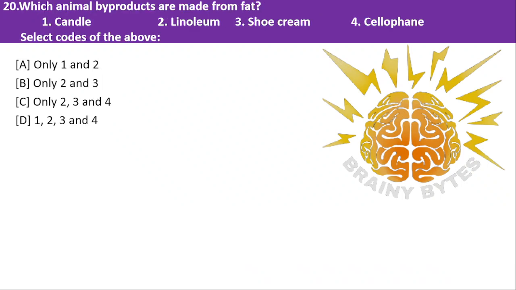Question number 20. Which animal byproducts are made from fat? 1. Candle, 2. Linoleum, 3. Shoe cream, 4. Cellophane. Select codes of the above.